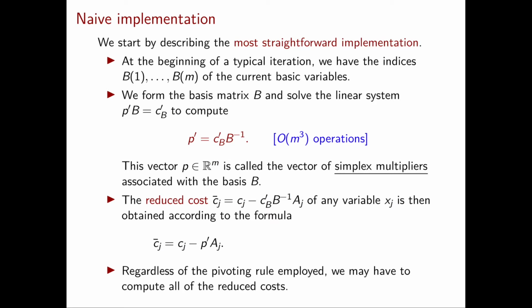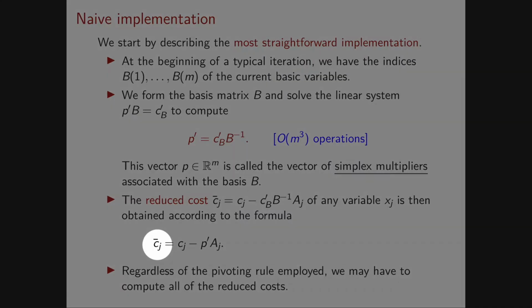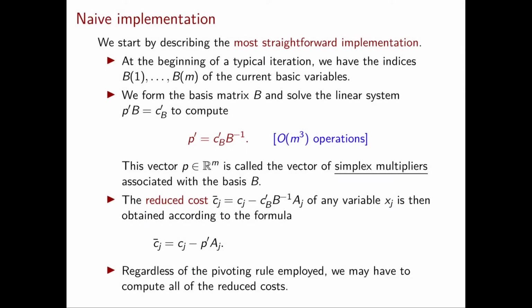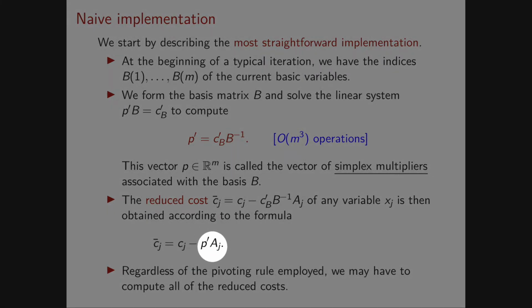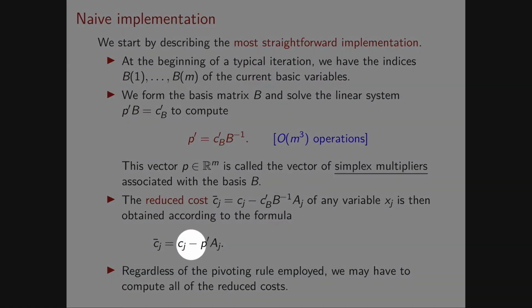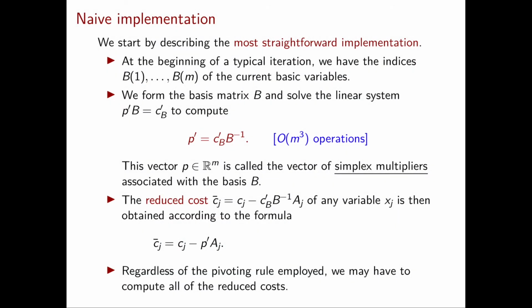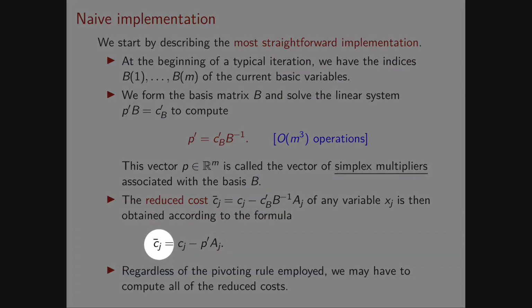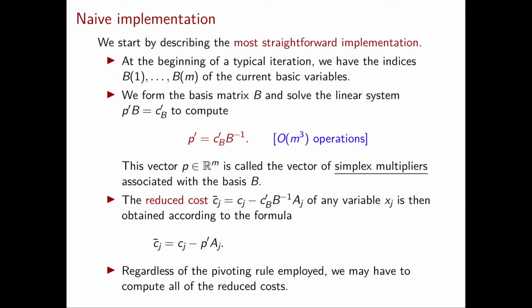So how many operations does it take now to compute one reduced cost c bar j? The first thing we need to do is compute the inner product p transpose Aj. These are two m vectors, so it takes big O of m. Then we only need one more operation, which is this subtraction. So in total we have a big O of m operations to compute one reduced cost c bar j.